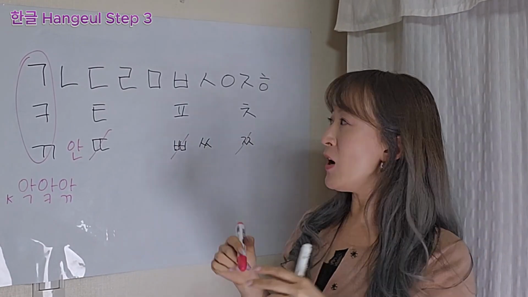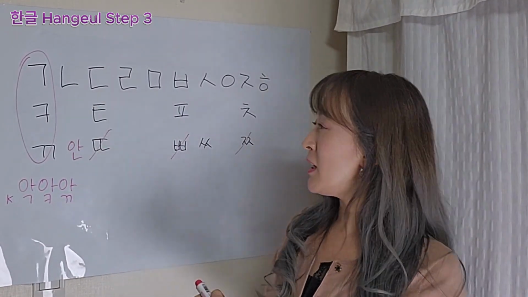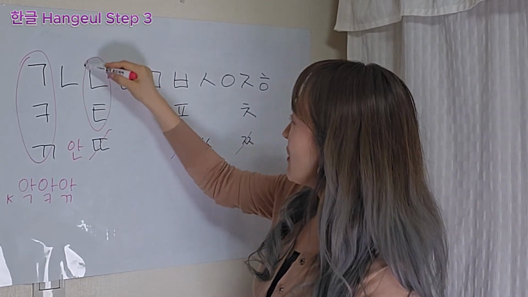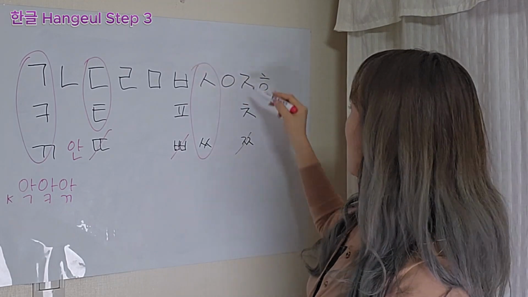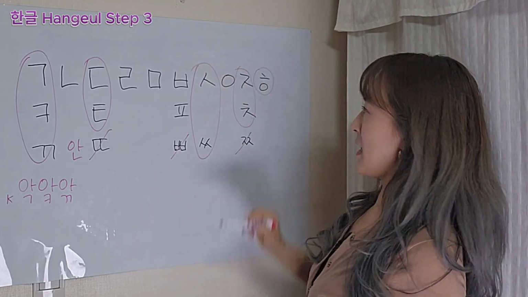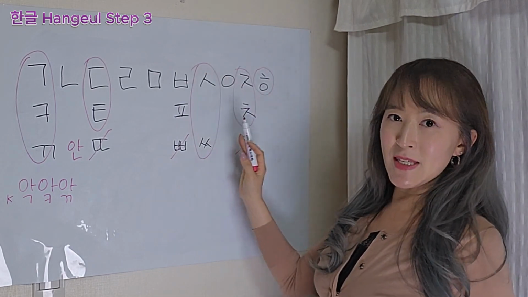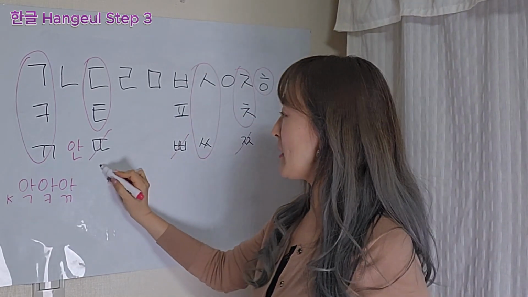And the third sound is actually the biggest group, which is this here, these here, and this here. So 1, 2, 3, 4, 5, 6, 7. All these have the T sound. Again, I'll write them.